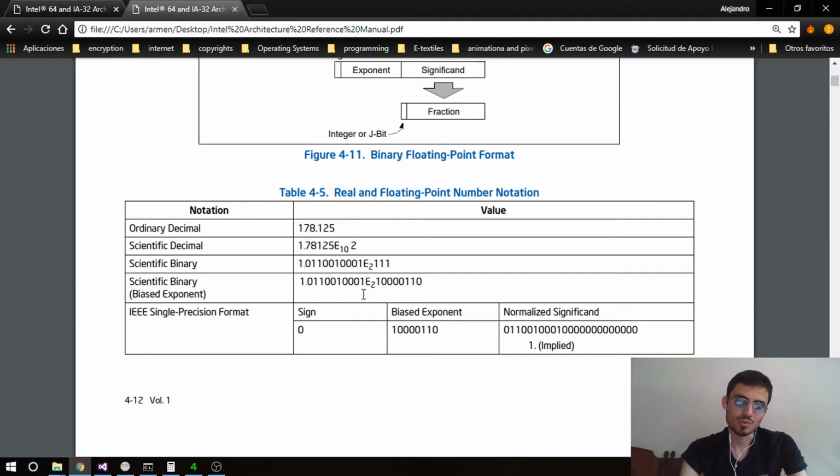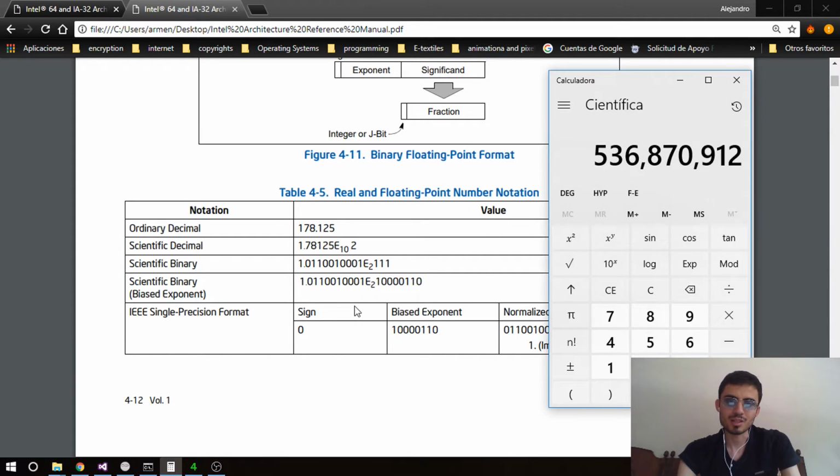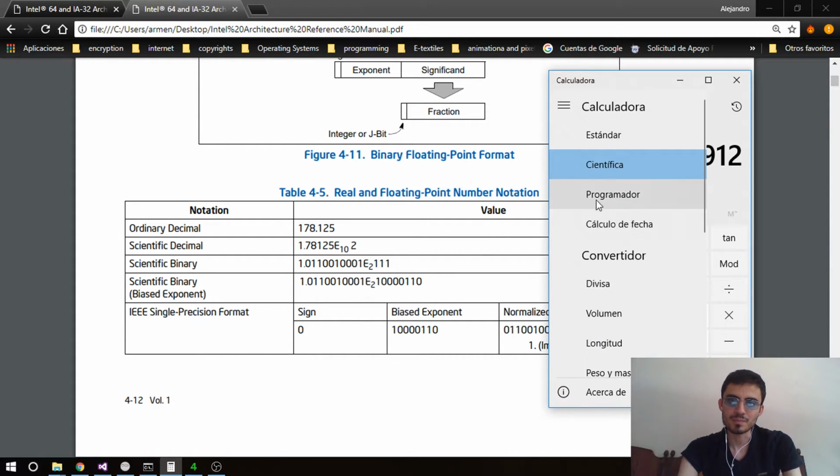In scientific binary, that number is approximated to 1.01110111000011. Let me put it here so we can take a look at that.